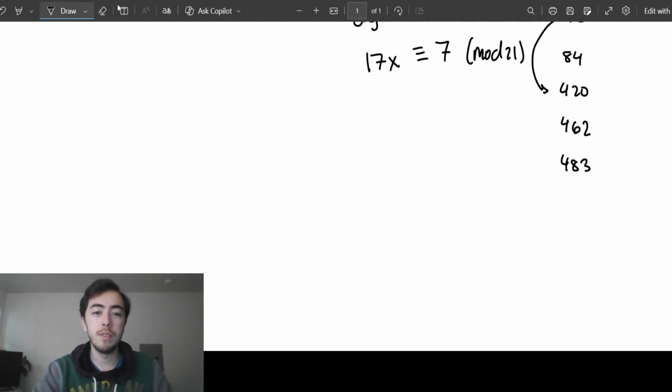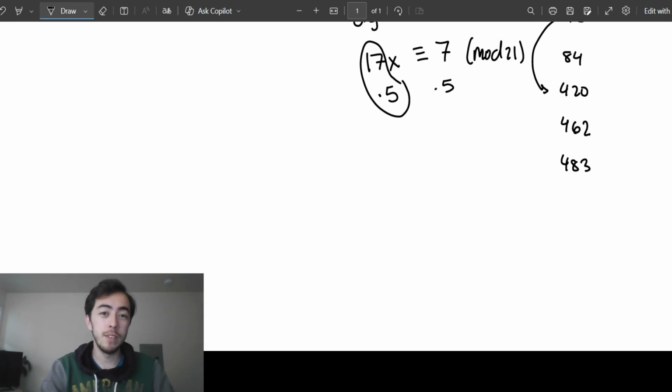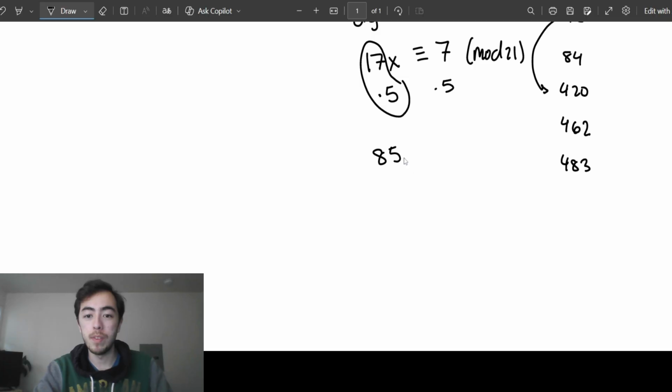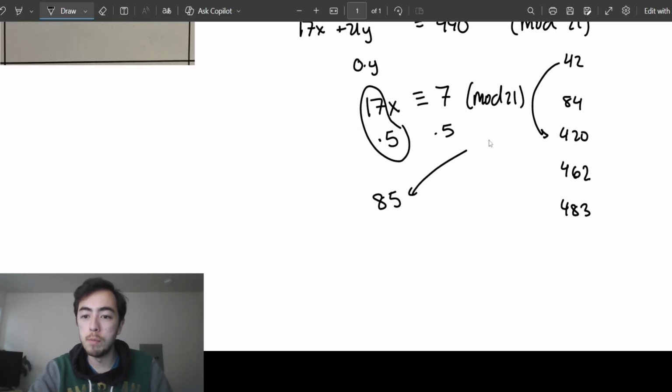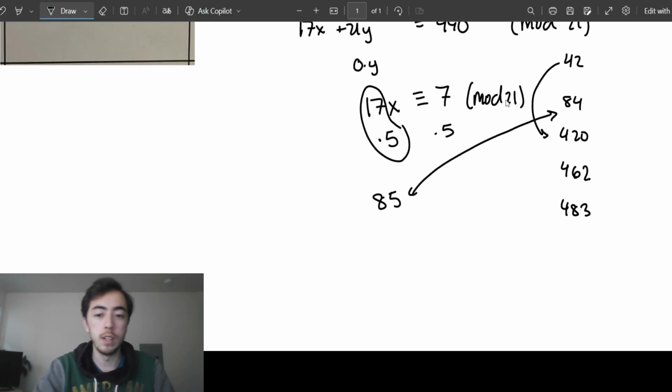So instead, I want to find some number where I can multiply to both sides with the goal that this number right here turns into the number 1. Effectively, it's like I'm dividing by 17, but with modular arithmetic, we got to think in terms of multiplicative inverses rather than just dividing. Anyways, 17 times 5 is 85, and you'll notice it is 1 more than a multiple of 21, so it is congruent or essentially equivalent to just 1.